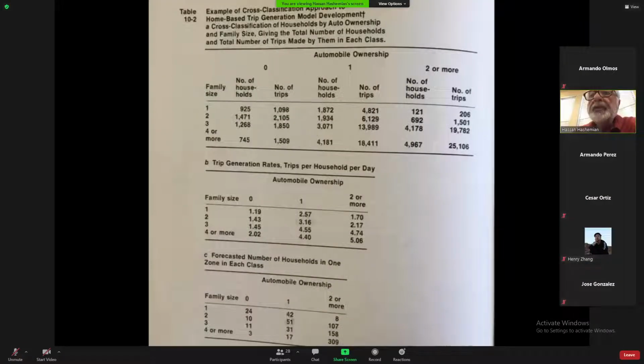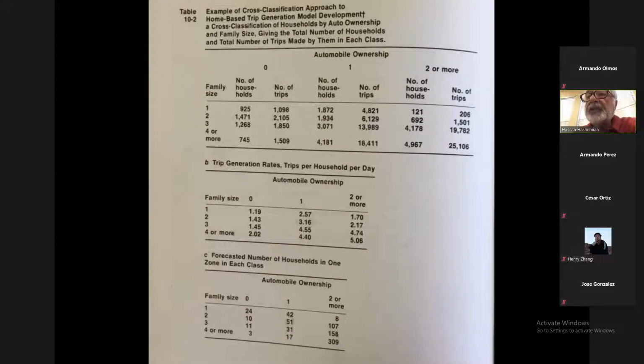Okay, so this is an example of a cross-classification model, which is the home-based trip generation model. And now, when you're looking at this, let's say we have a zone, one area, and there are obviously different homes in this area.